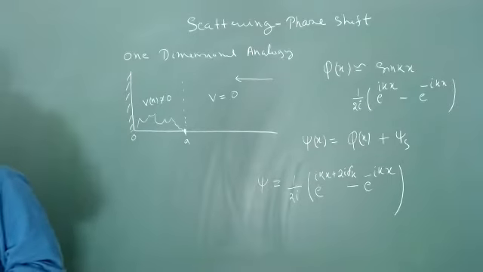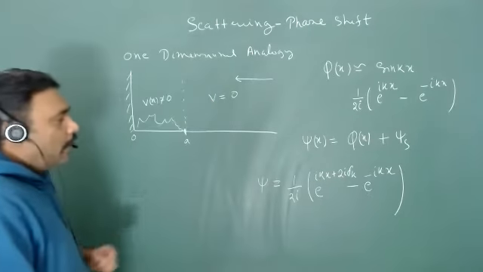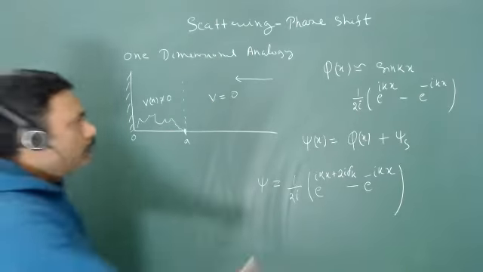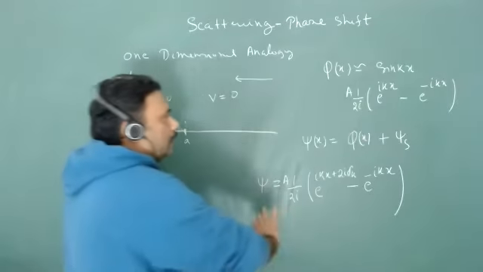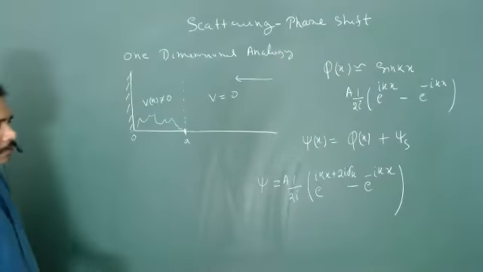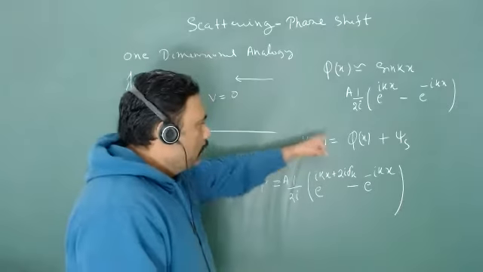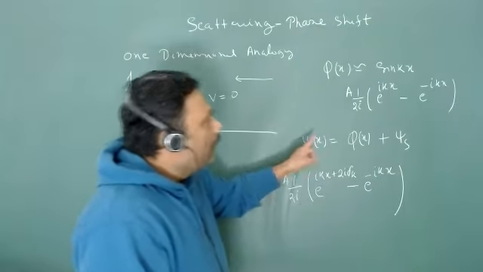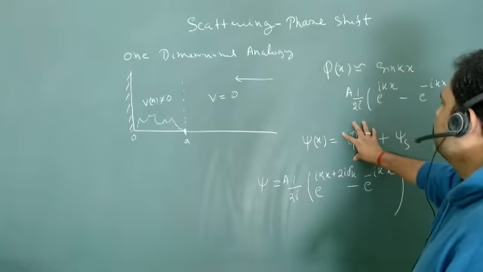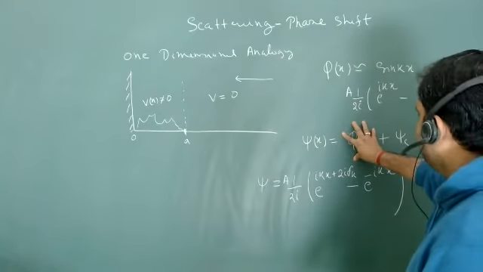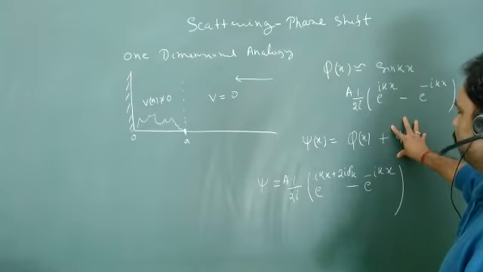So there is some phase change in this particular thing. Now look at what is going to happen. The amplitude for both the incoming as well as the total wave function is exactly the same. So now we can have the complete wave function, and this complete wave function can be divided into two parts: the incoming and outgoing wave function plus a scattered wave function.